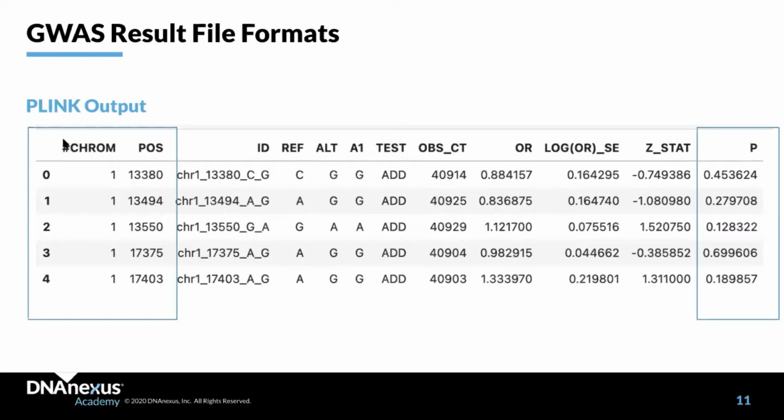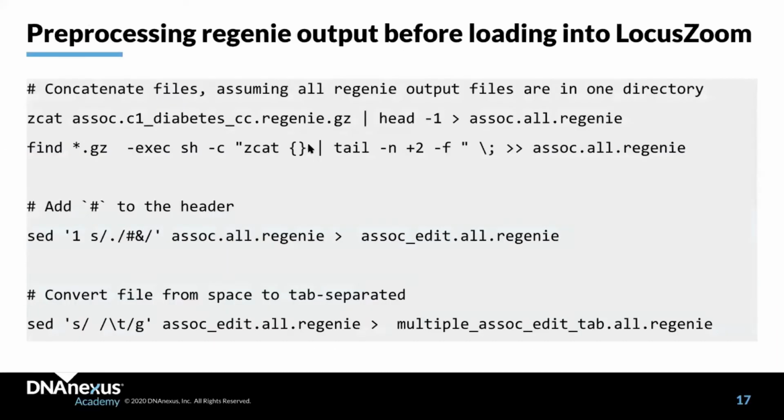If you don't put the pound sign, you will see just column 1, column 2, column 3, which is really inconvenient. That's why you need to put a pound sign there. Also, you need to convert the file from space to tab separated. The default for Regenie is space separated, and you need to move it to tab. This is how you do it. It's about 4 bash commands that you can use, and then your files are preprocessed.